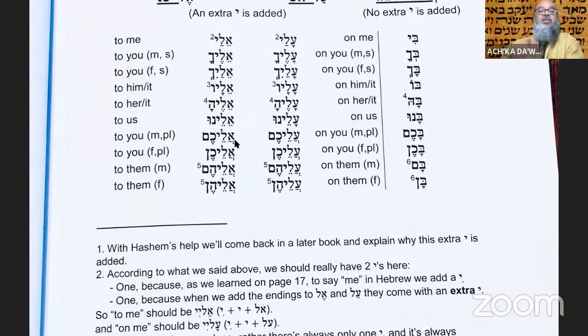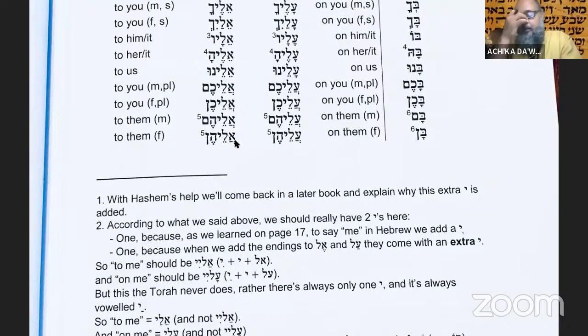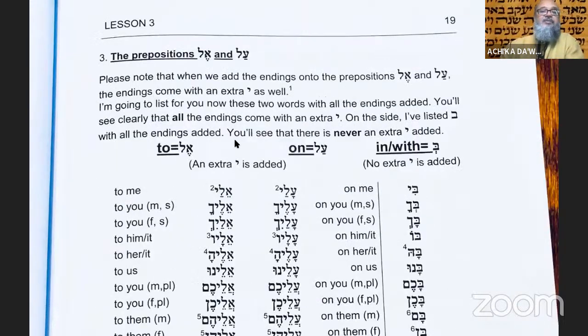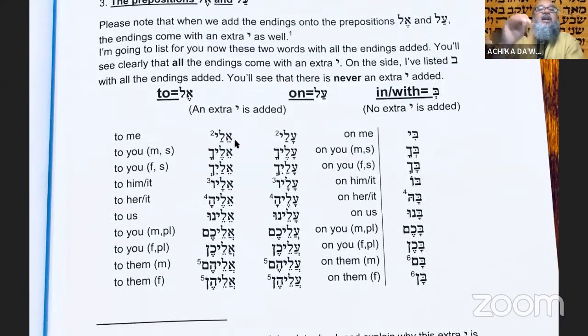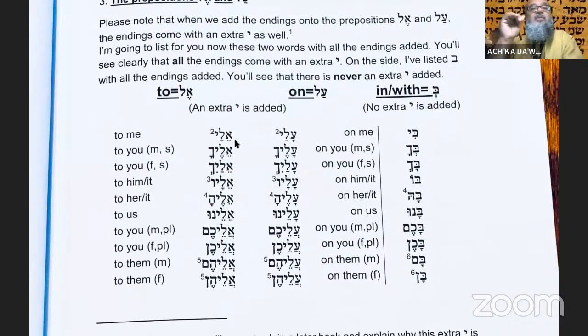It says, according to what we have said, we should really have 2 yods here, okay? I'm going to list for you 2 words with all the endings added.